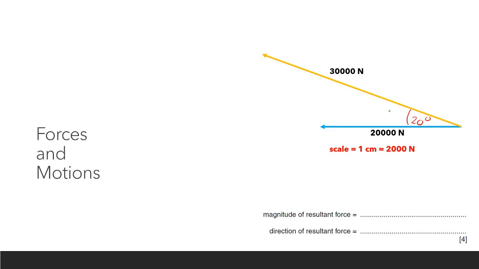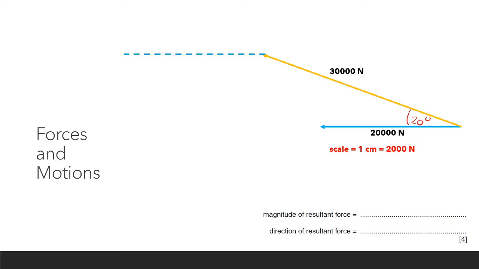Now we have to make a parallelogram by using these two lines. So, I will have to draw one line parallel with the blue line. This dashed blue line is parallel to the 20,000 Newton force, and it has the same length as the 20,000 Newton force.